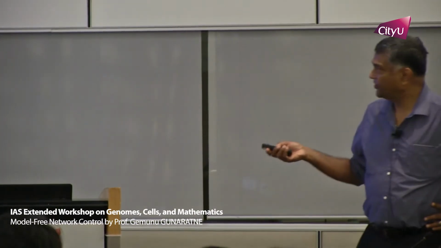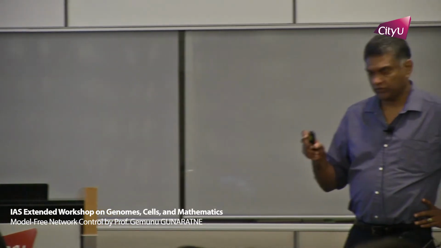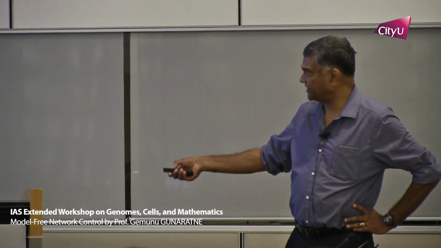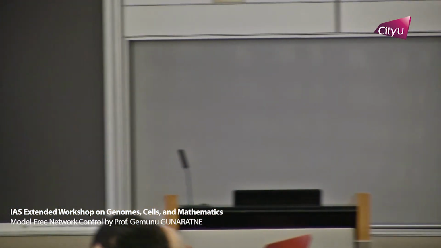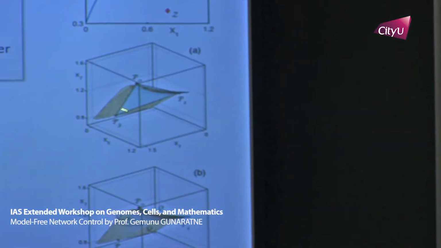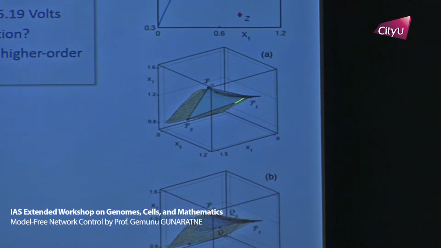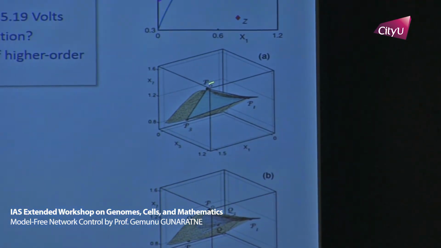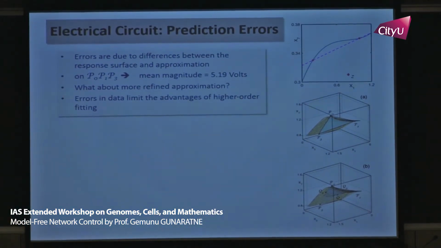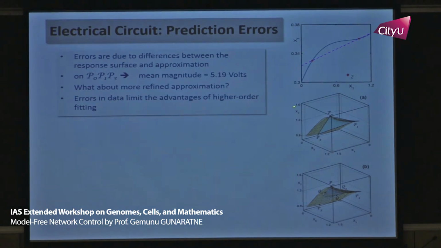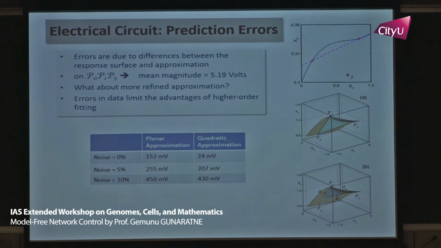Now, one thing I want to point out is that I could improve the approximation using a quadratic fit rather than a linear fit. What I did was approximate the response surface by a linear or planar approximation. I could do a much better approximation by taking second order quadratic approximations. But what happens is the following.